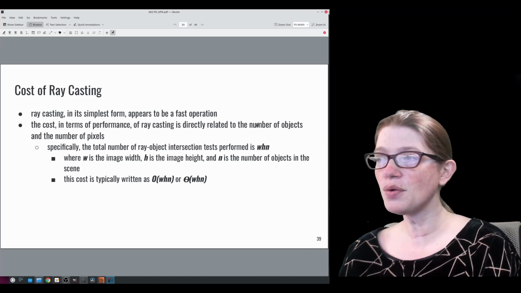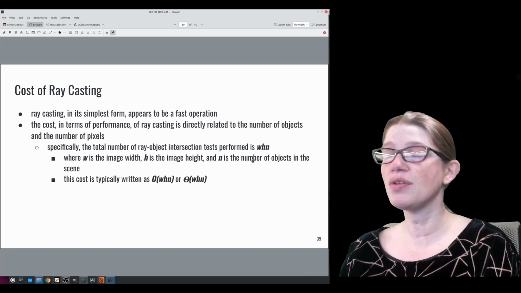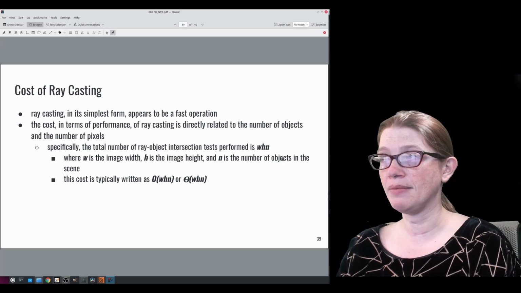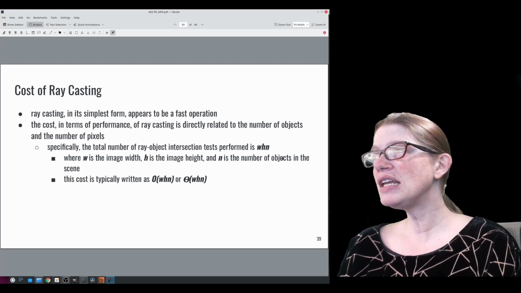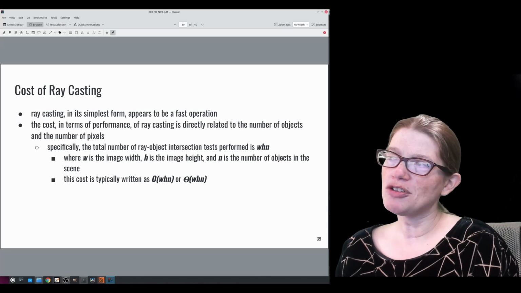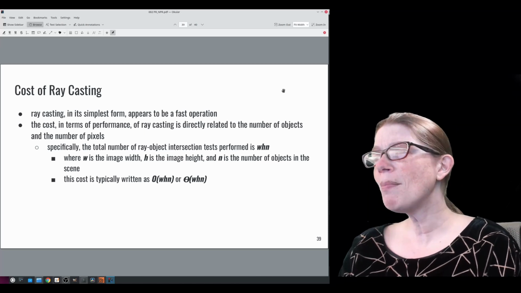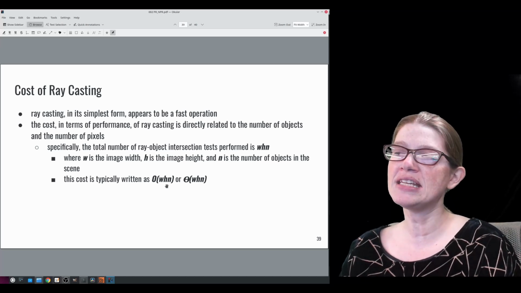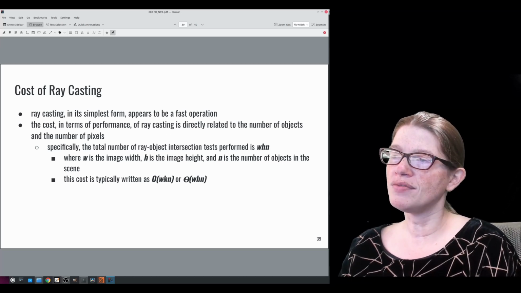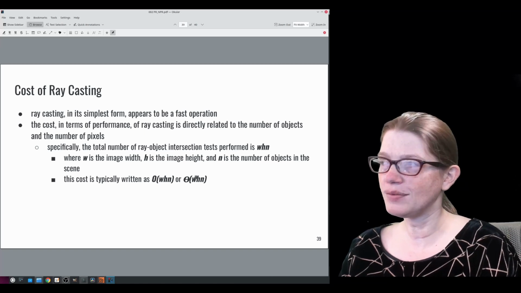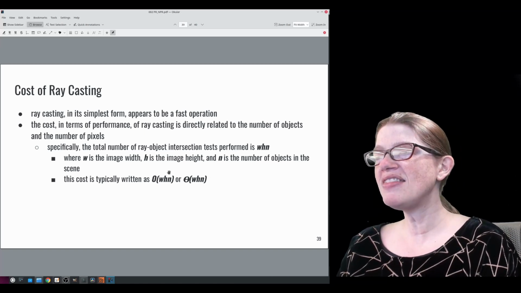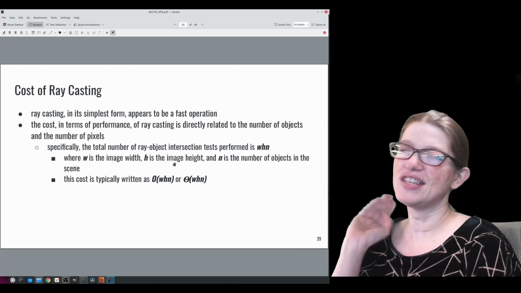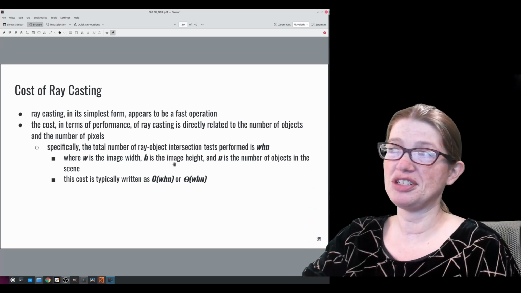And if there are N of those in the scene, then the cost, or the number of ray object intersections, is W times H times N. And if you're ever reading some papers about rendering or ray tracing, you might actually see the costs written in a very peculiar way, and that is this O of WHN, or Theta of WHN. And this is just effectively saying, what is the behavior of this as these numbers approach infinity?